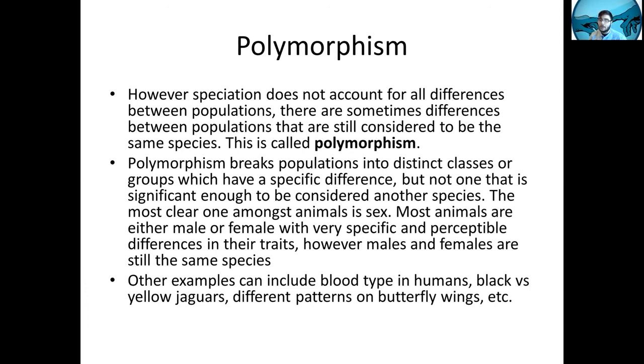For example, height is not really considered polymorphism because it's more like a scale, whereas something that is considered polymorphism is sex among animals. Most animals are either male or female, with very specific and perceptible differences in their traits and genetics. For example, you can clearly see different chromosomes, different reproductive organs, and different things like that between most animals.